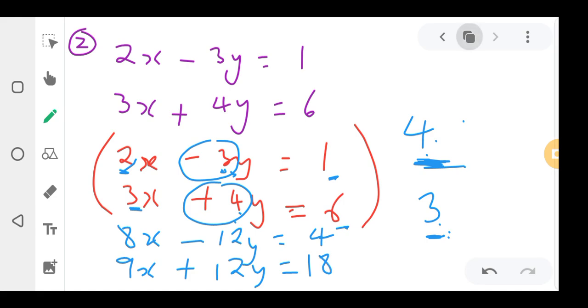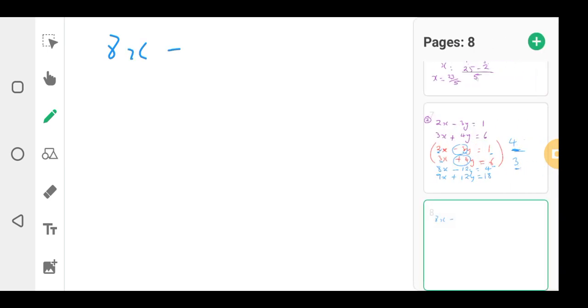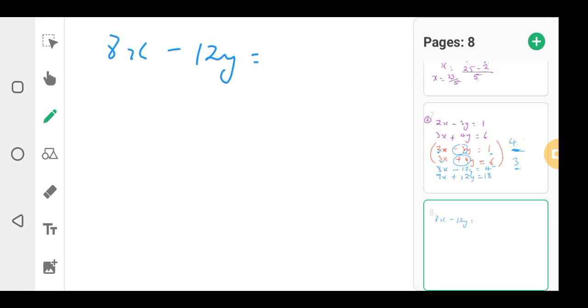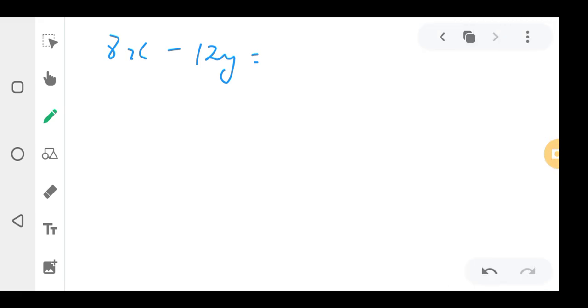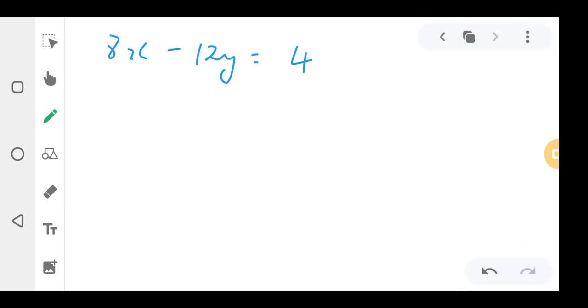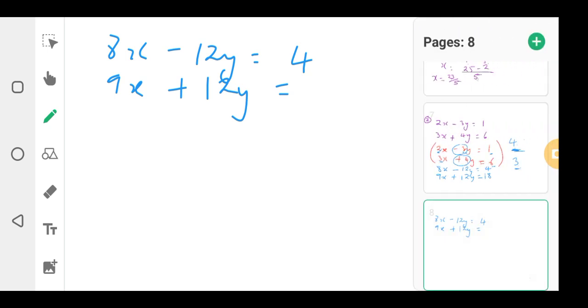Okay, so I'll write this because there's no space there. So it will be 8x minus 12y is equal to 4, and 9x minus 12y is equal to 18.